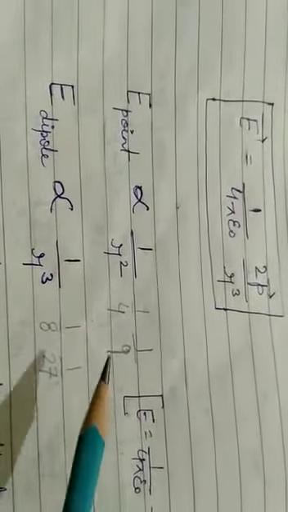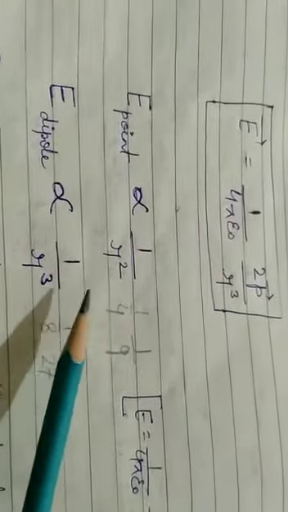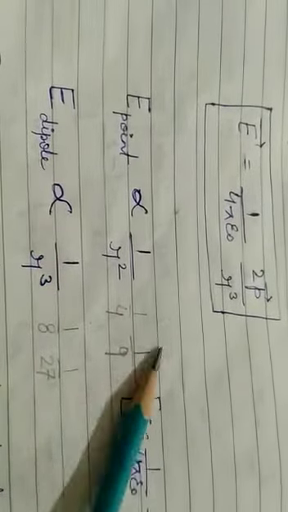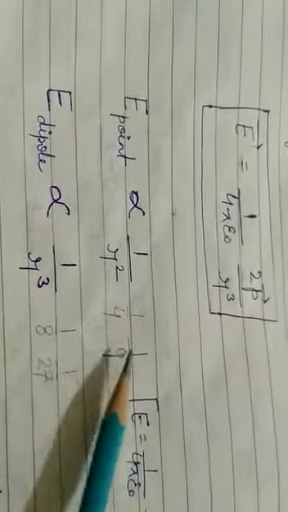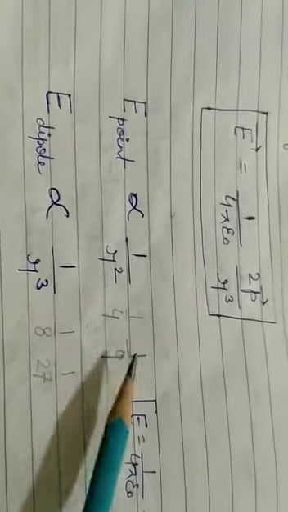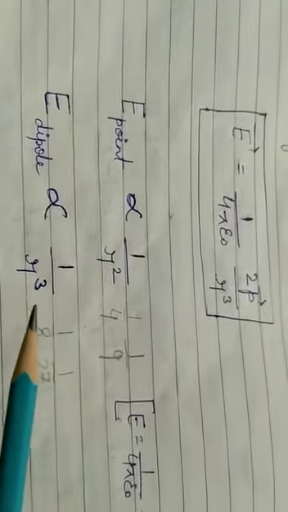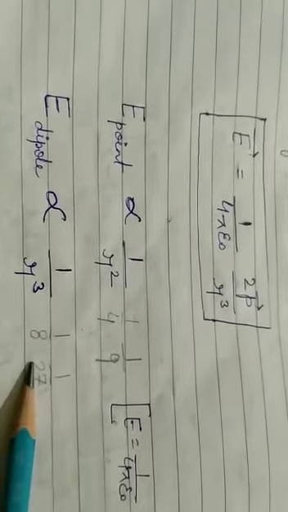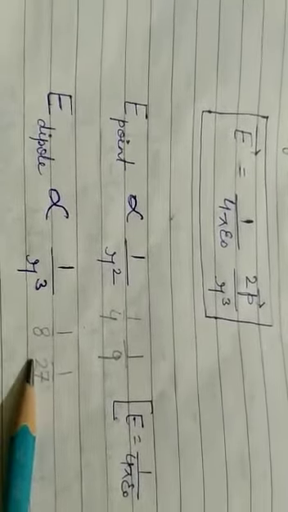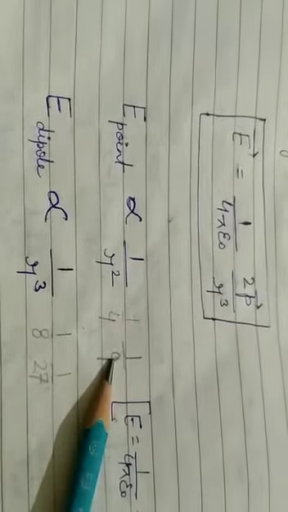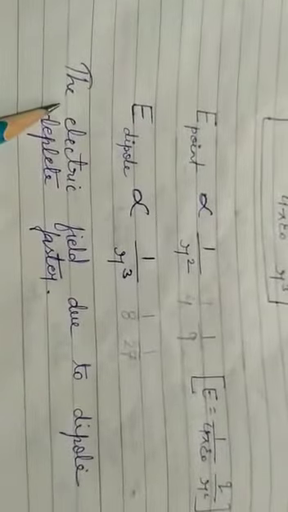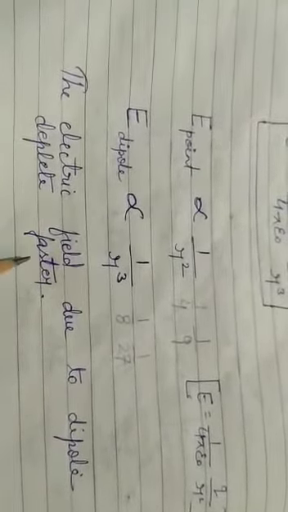So you can see how the electric field due to a point charge and due to a dipole decrease as we increase the distance. We can clearly see that the electric field due to a dipole decreases more in comparison with the electric field due to a point charge. So we can say that the electric field due to a dipole depletes faster.